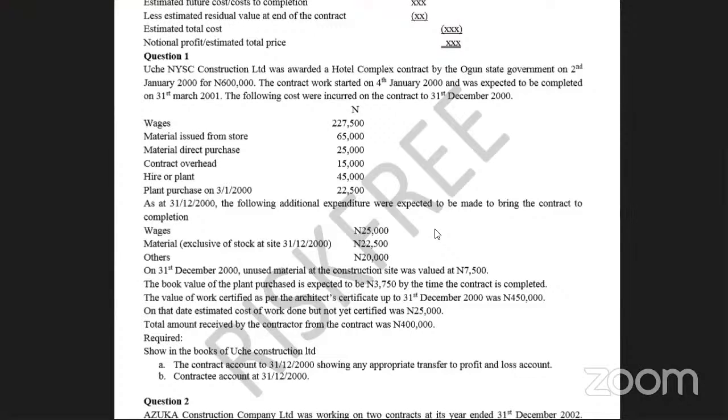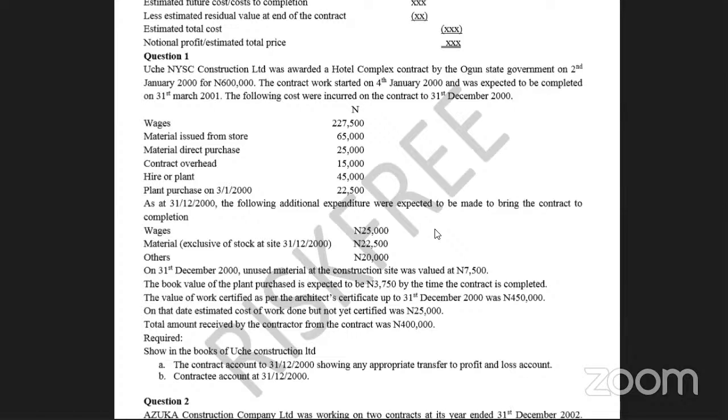Uche Construction Limited was awarded a hotel complex contract by the Ogun State Government on 2nd of January 2000 for 600,000 naira. The contract work started on 4th of January 2000 and was expected to be completed on 31st March 2001.